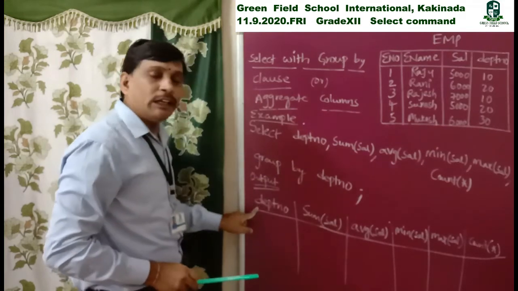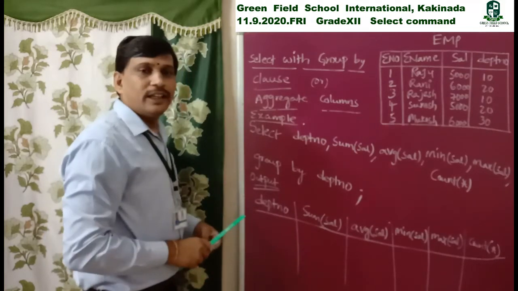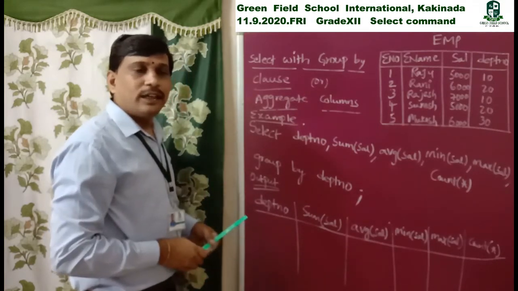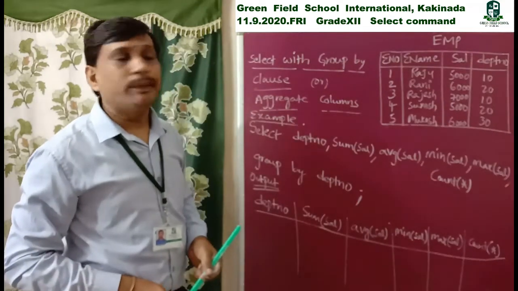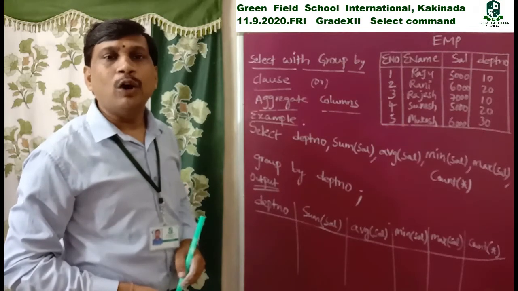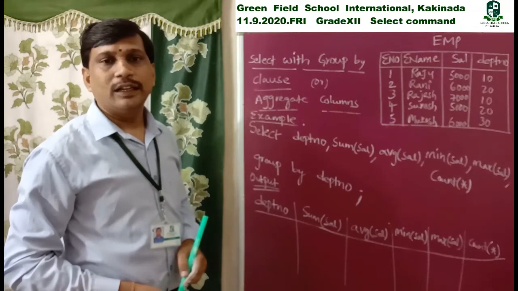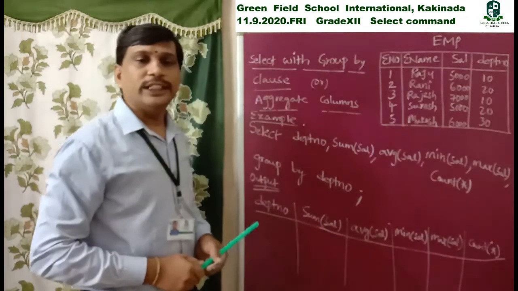Those columns are displayed in our output or query result. This is one query. Our requirement is that this entire single table can be divided into different parts based on department number, and display the final output with the aggregation of some calculated values.